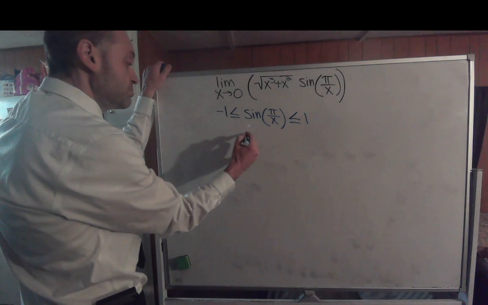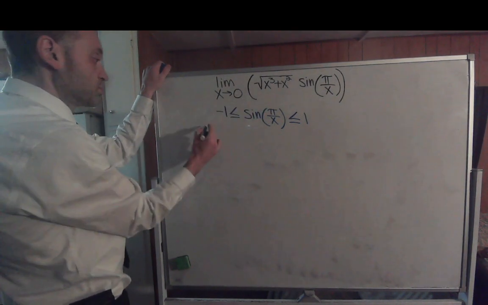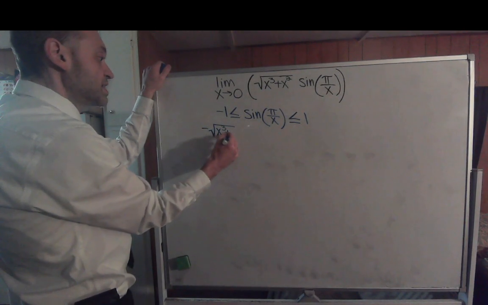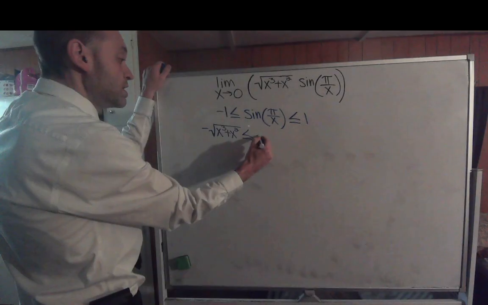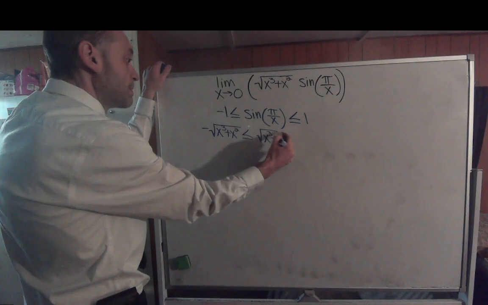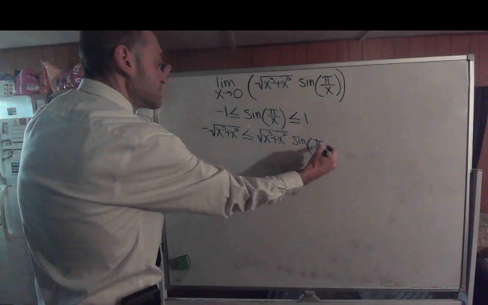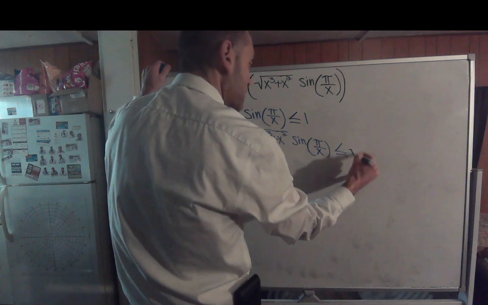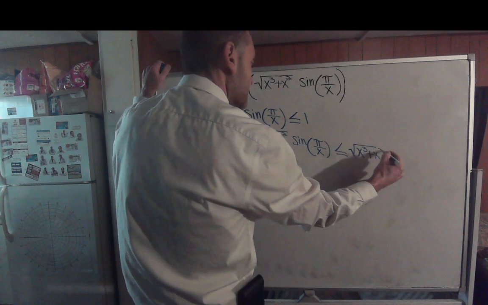So if we multiply all three pieces, we'll end up getting negative of the square root of x cubed plus x squared is less than or equal to the square root of x cubed plus x squared times the sine of pi over x, which is less than or equal to the square root of x cubed plus x squared.